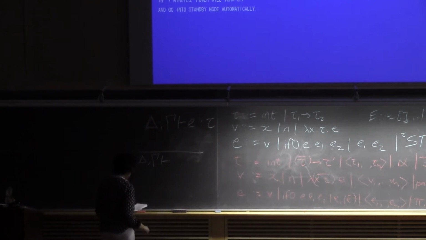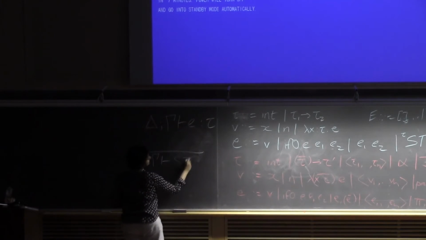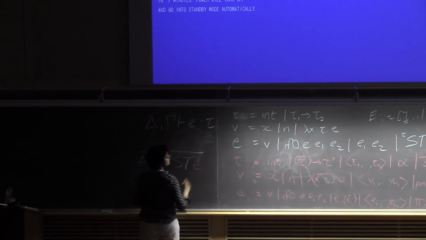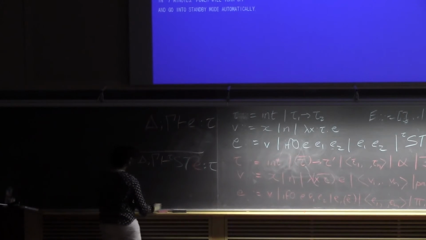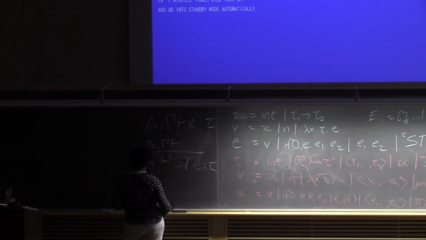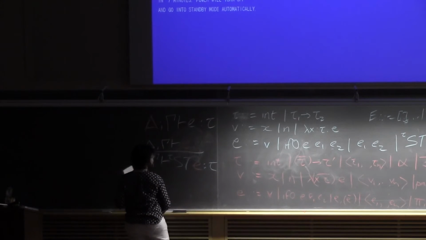We are going to have a boundary for ST. So this thing has a blue type, this one, tau, if under delta gamma, E has type translation type.